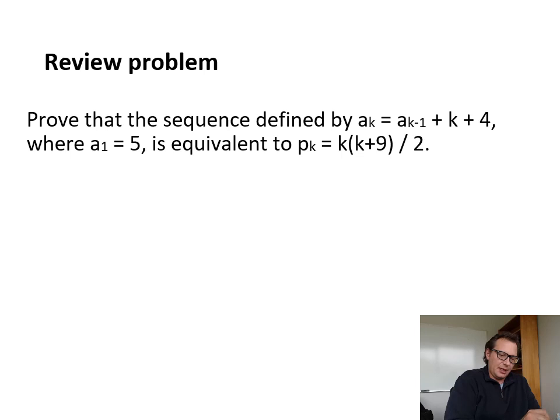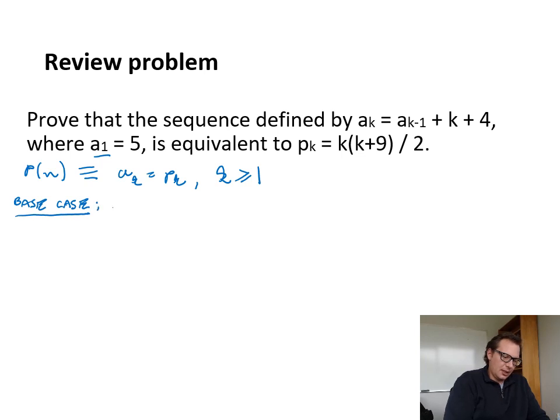So what is our predicate? So p of n, or the proposition that we want to prove, is equivalent to a of k is equal to p of k for k greater than or equal to 1. We know that because we have the base case here for this sequence. So first we show the base case, that's when n is equal to 1.